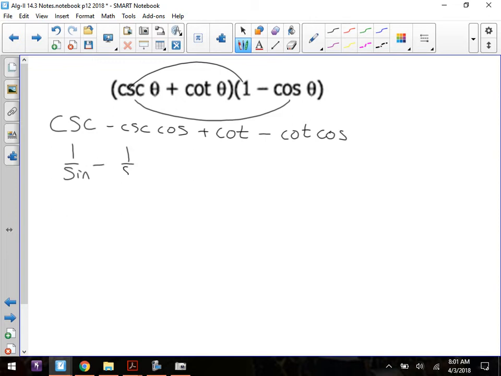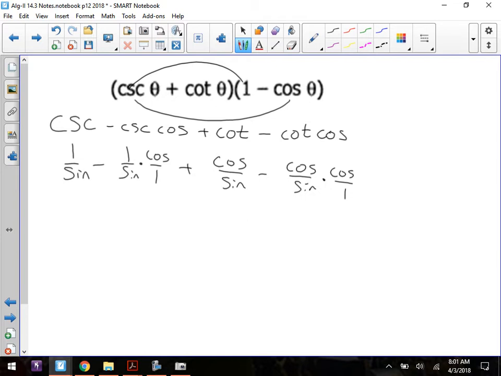minus 1 over sine times cosine over 1. Cotangent's 1 over what? Cosine over sine. And then I have minus cosine over sine times cosine over 1. We okay so far?